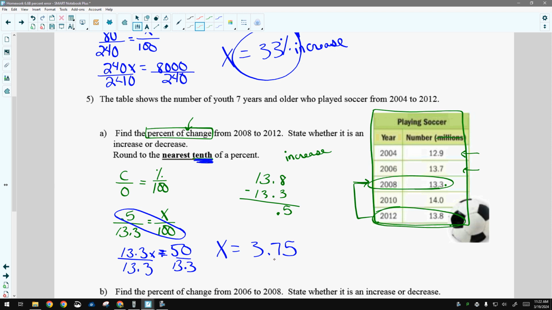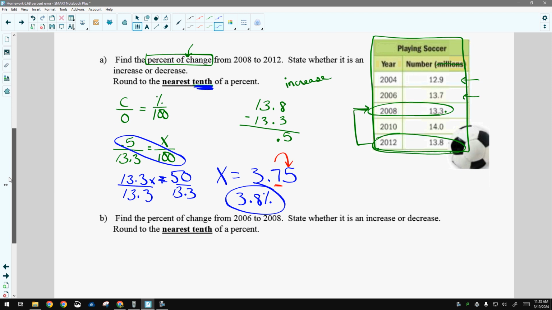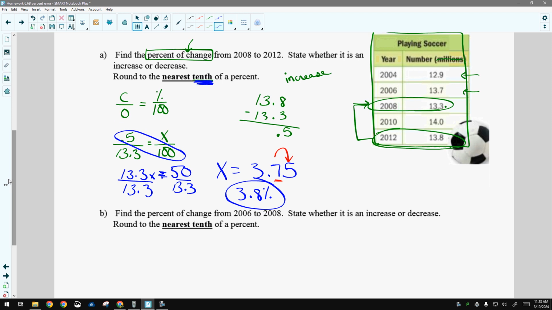The tenths place is right after the decimal. 5 or above, give it a shove. This is going to be 3.8%. That's a more decent increase. So maybe soccer people would like to see a bigger increase, but at least it's an increase. Oops, which reminds me, I'm supposed to write if it's an increase or a decrease, and that was an increase. So good thing I wrote that on my paper at the beginning, or I might have forgot.